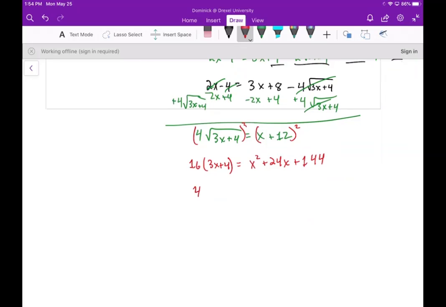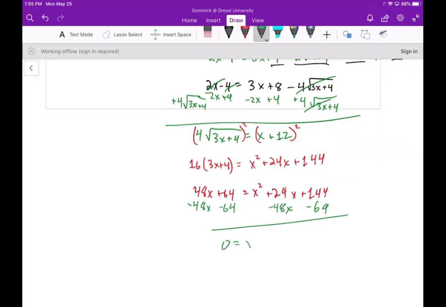So this will give me 48x plus 64 equals x squared plus 24x plus 144. And if I move this stuff over, I'm going to get 0 is equal to x squared minus 24x. Let's see, 144 minus 64 should give me 80.